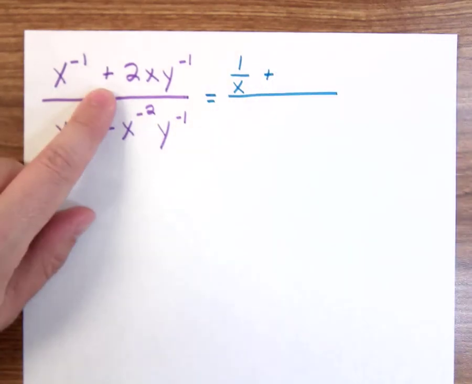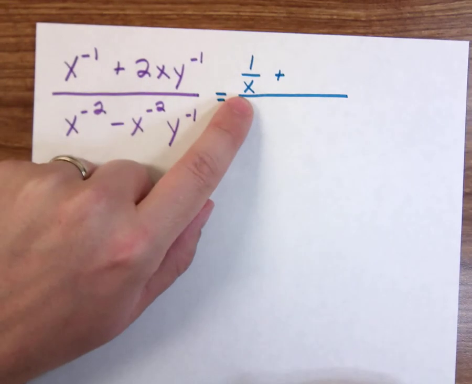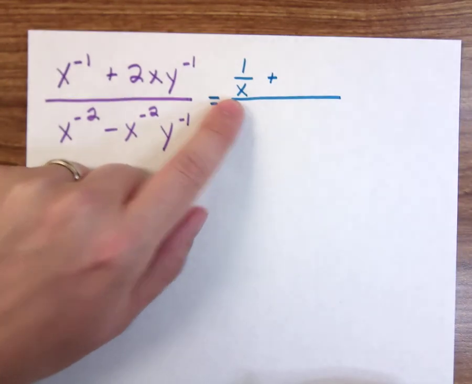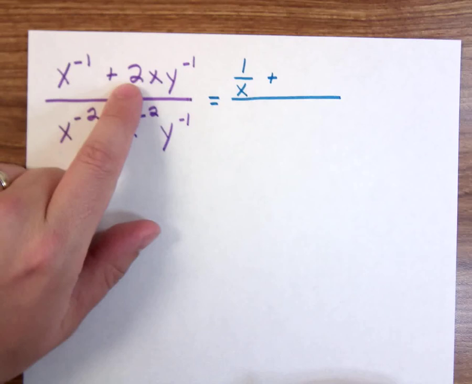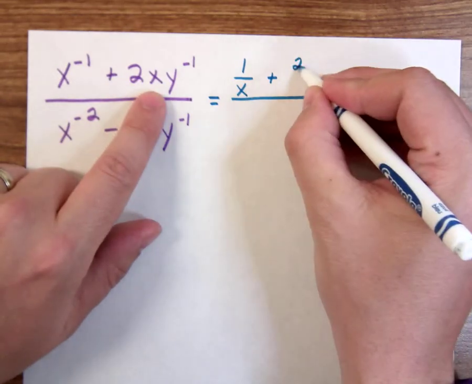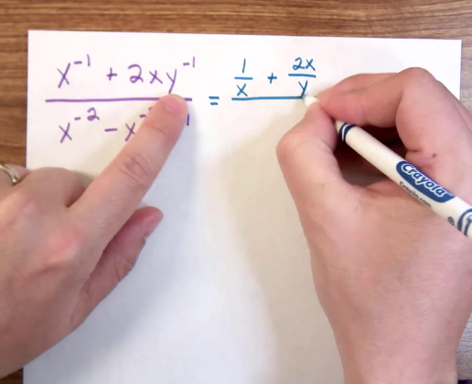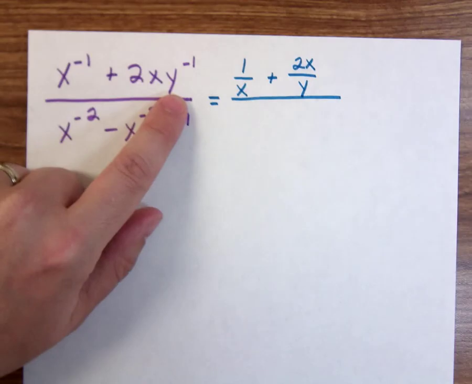Now you do have to be careful because the only things that move down into the denominator like this are things with negative exponents. So if you look right here, 2 and x don't have negative exponents. They stay in the numerator. But the y has a negative exponent. It comes down into the denominator.